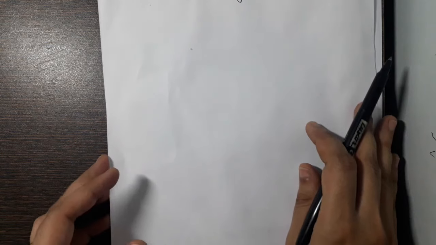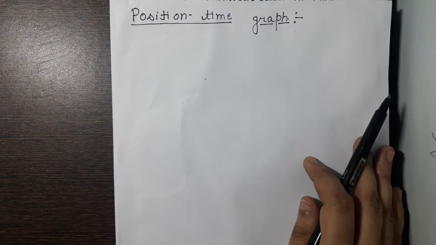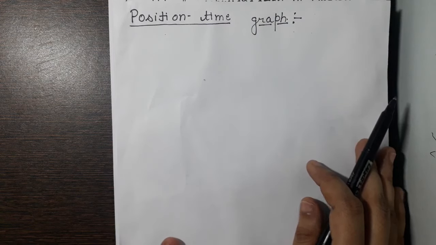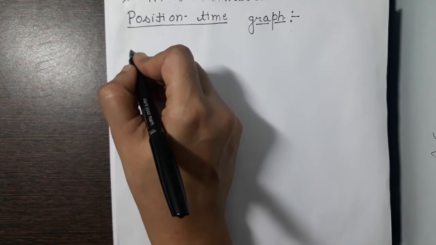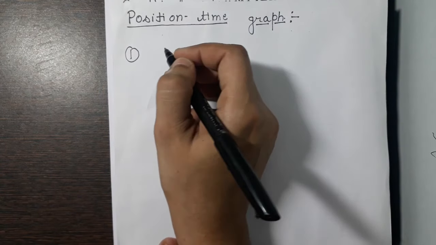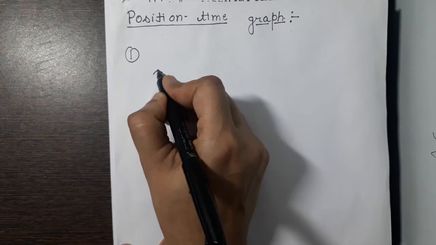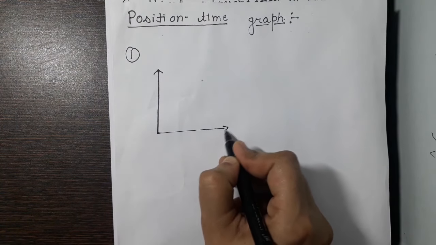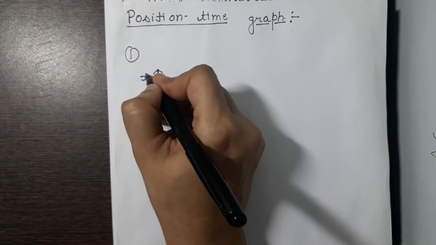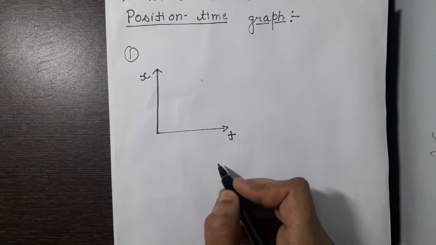So let us draw the position time graph. Firstly, we take the graph of rest, when body will be at rest. How we will draw the graph, we have discussed earlier, that position will be on y-axis, time will be on x-axis.